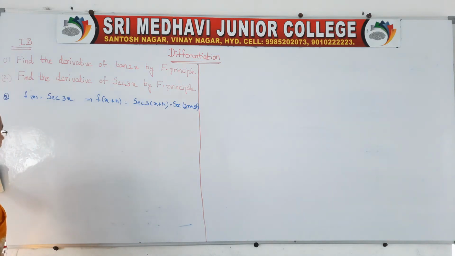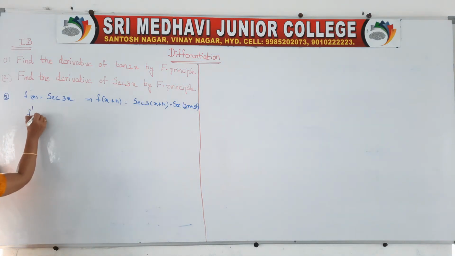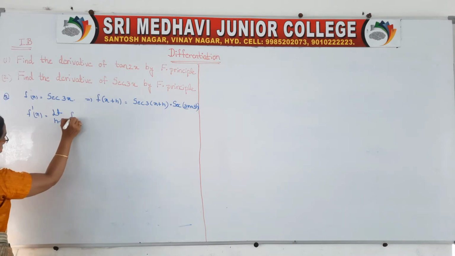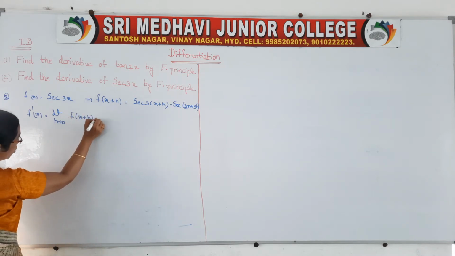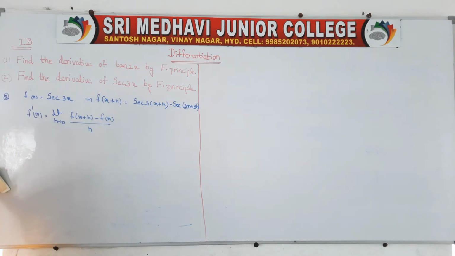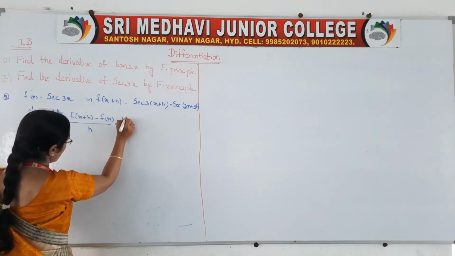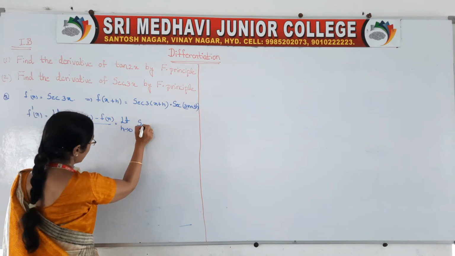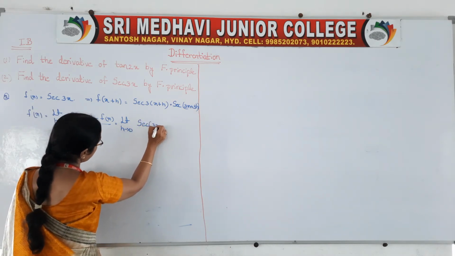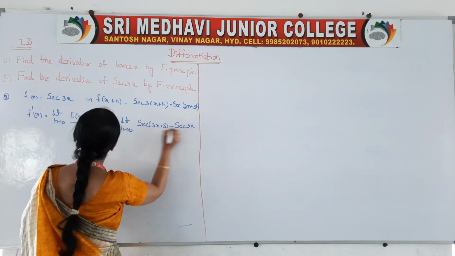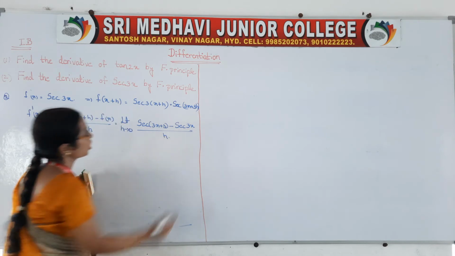So once we got this one, apply your first principle formula. So f dash x is equal to limit h tends to 0 of f of x plus h minus f of x by h. Okay, so we can write that as secant of 3x plus 3h minus secant 3x by h.